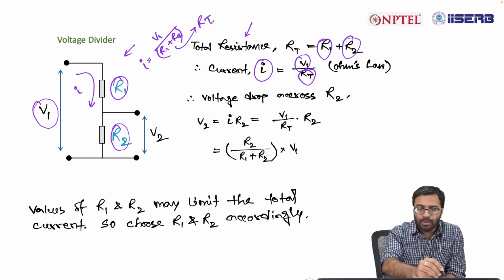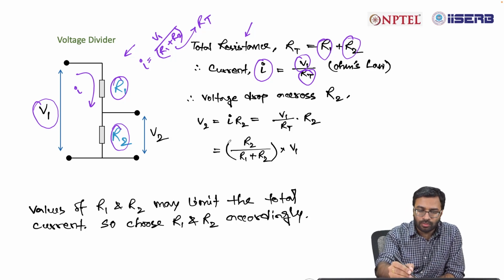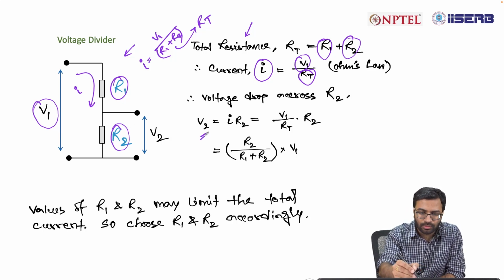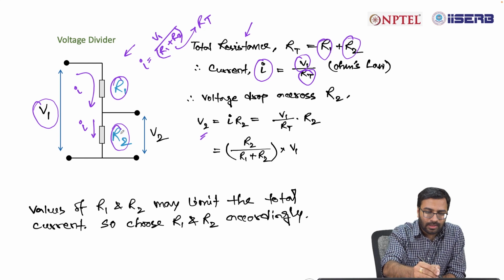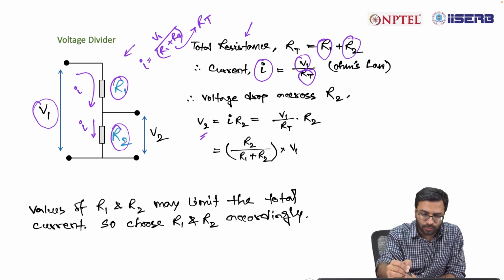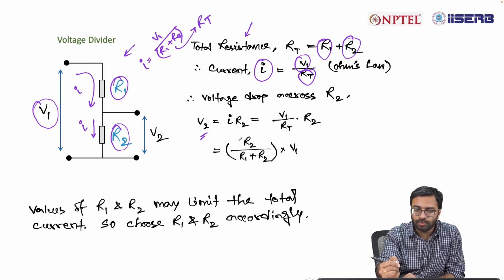The voltage drop across R2, that is V2, is equal to I into R2, because the current flowing through this resistor is I and the resistance is R2. According to Ohm's law, V equal to IR, so V2 is equal to I into R2.